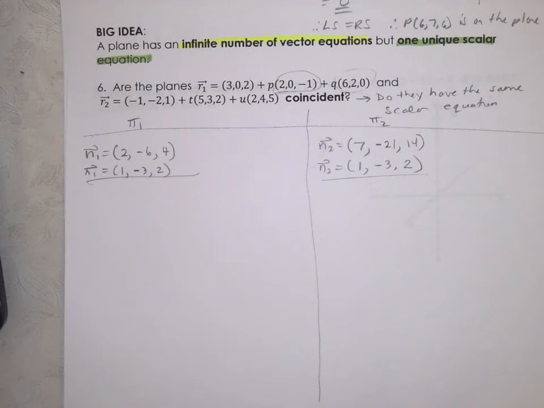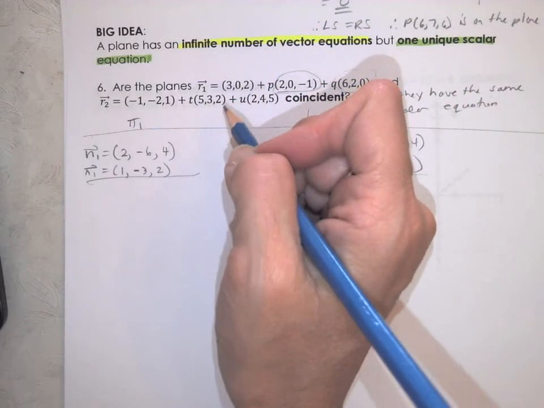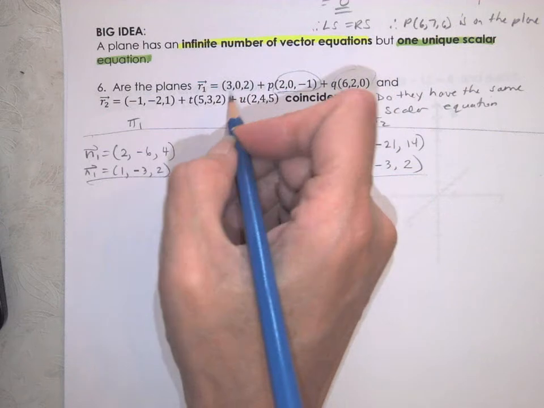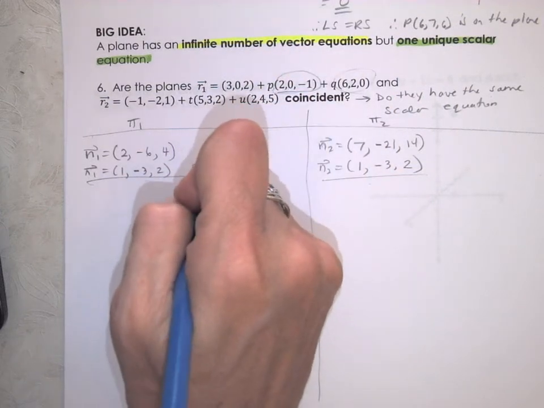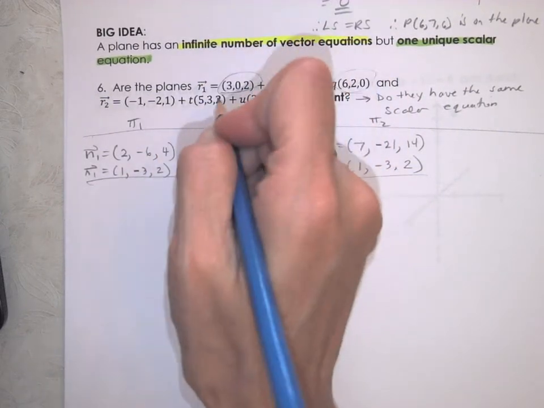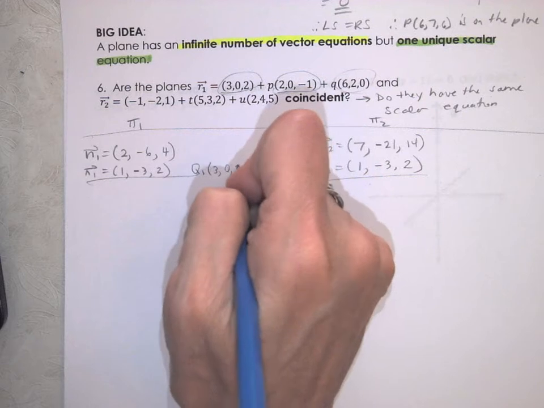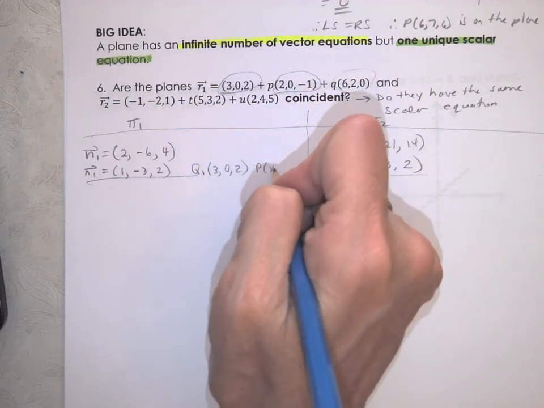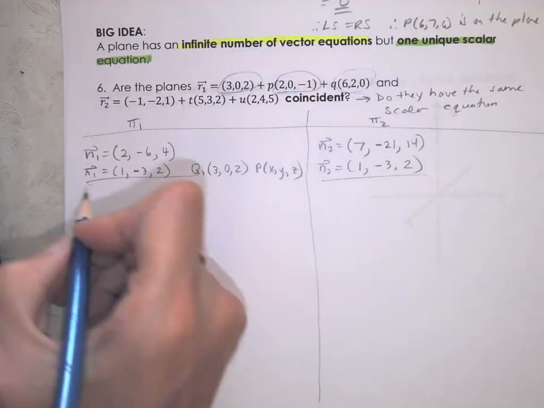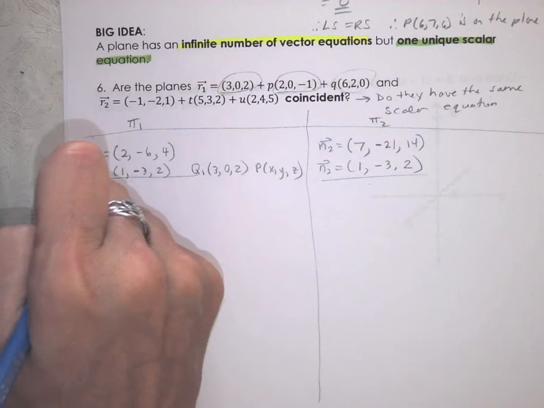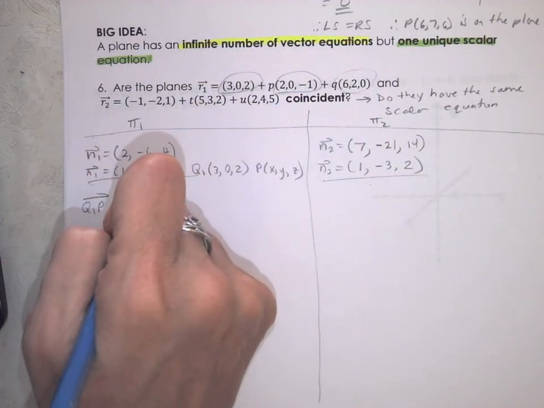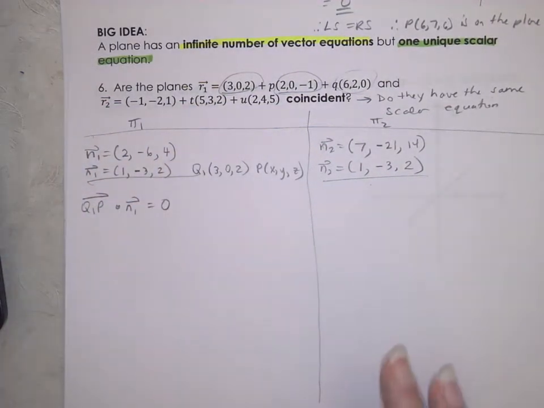So now we're going to find the scalar equation of the first one. So we've got the normal. We've got our point Q1, our known point on the first plane, I'll call 3, 0, 2, and our point x, y, z. So we'll find Q1P vector dotted with n1 equals 0.